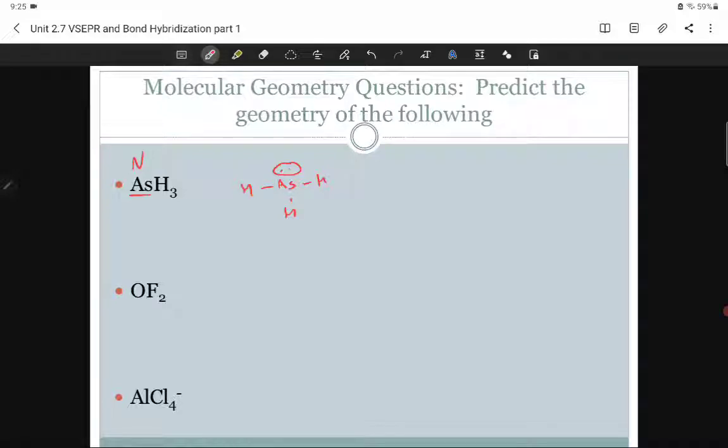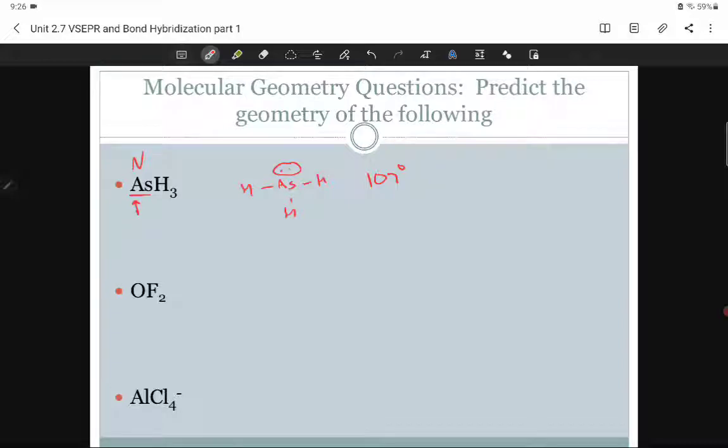This is trigonal pyramidal. And its bond angle is 107 if it was NH3. So it's going to be very close to 107. Now, do I know specifically with arsenic? No, I don't. But it's going to be very similar to my 107.